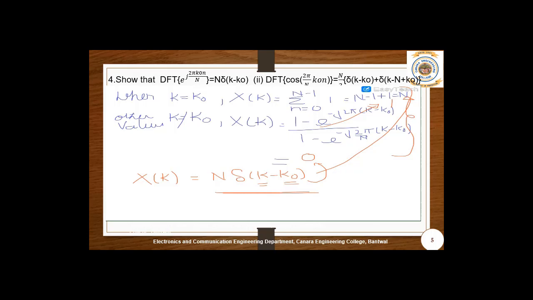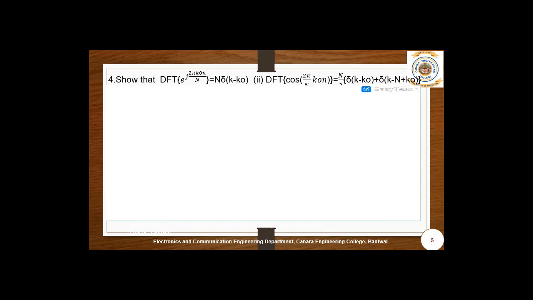We'll go to part B of this, wherein I need to prove that DFT of cos of (2 pi by N k naught n) is equal to N by 2 times delta of (k minus k naught) plus delta of (k minus N plus k naught).